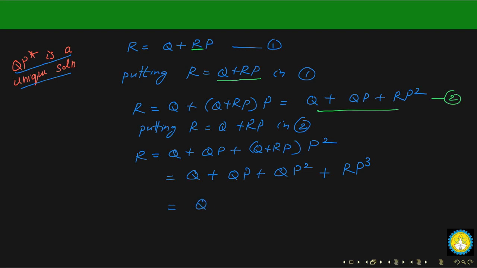The series will look like Q plus QP plus QP squared plus etc. plus QP raised to n plus R into P raised to n plus 1. So you have powers of P, and finally you have R into P raised to n plus 1. This term is what is left.